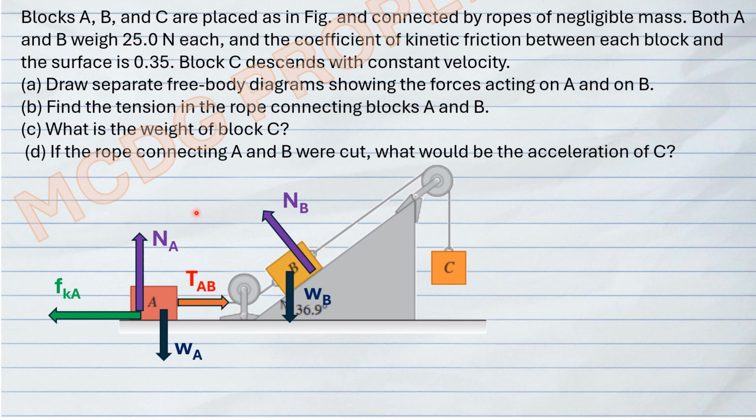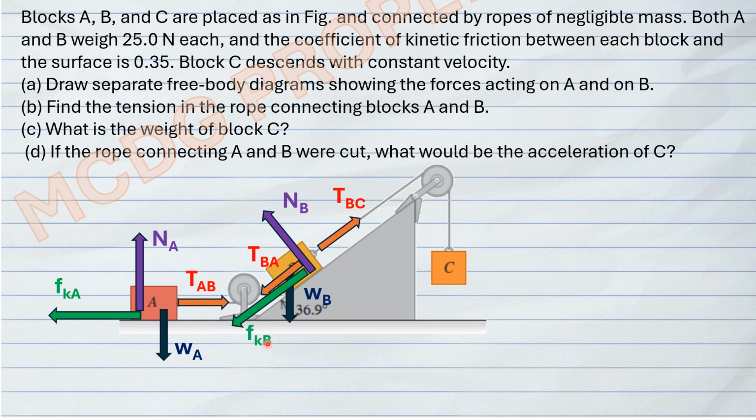Then, of course, you have the weight of block B, which is downward. The tension on block B, which is the same as the tension that will act on block A, but opposite in direction. Then you have the tension between blocks B and C, and we label that T subscript BC.